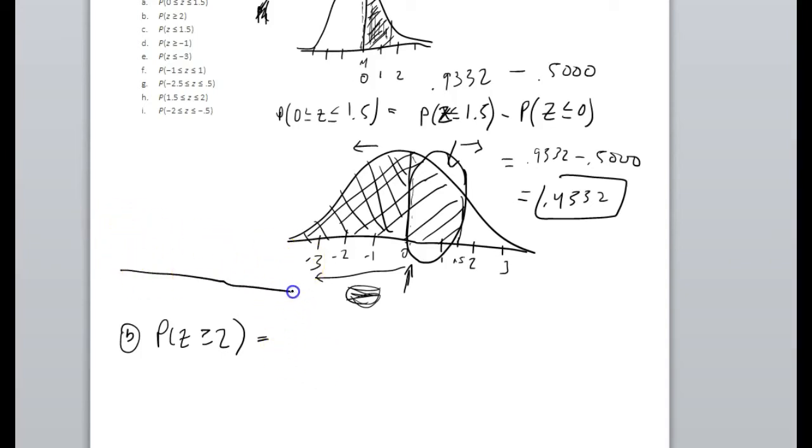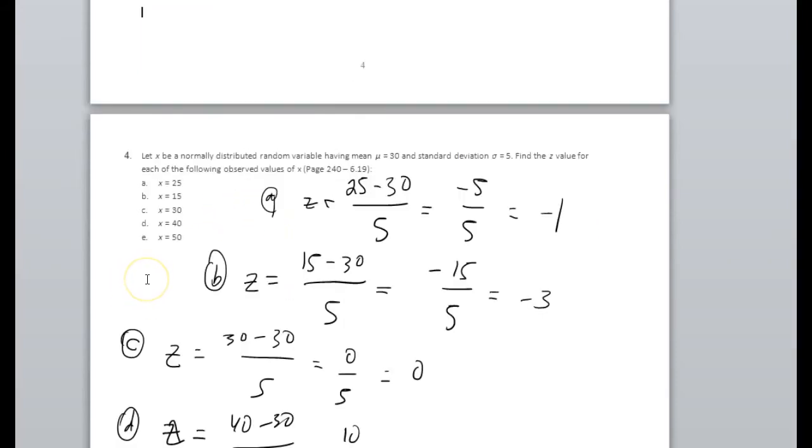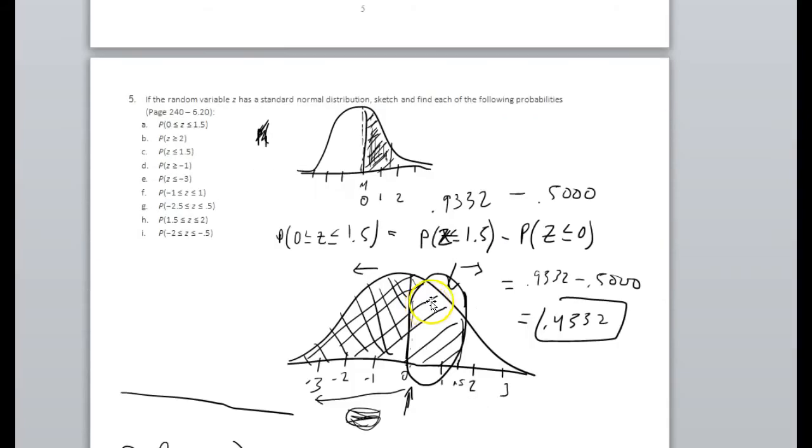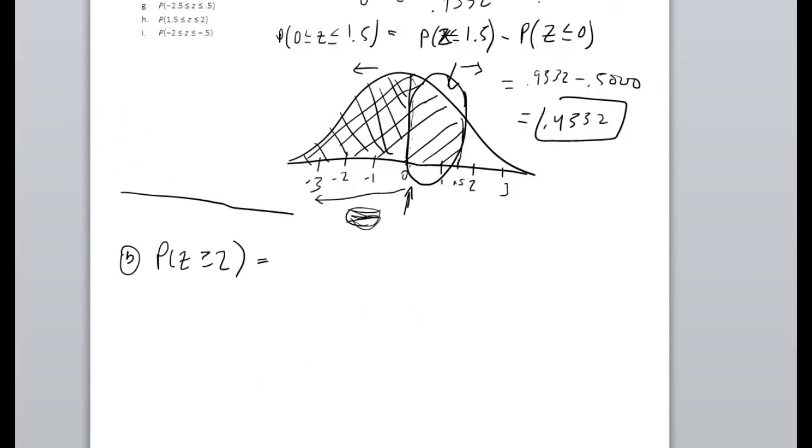So if we were to draw out our normal curve, which I am just awful at. 1, 2, 3, -1, -2, -3.